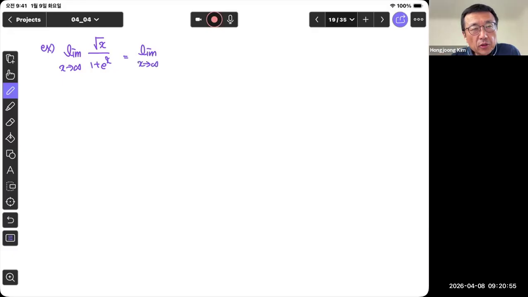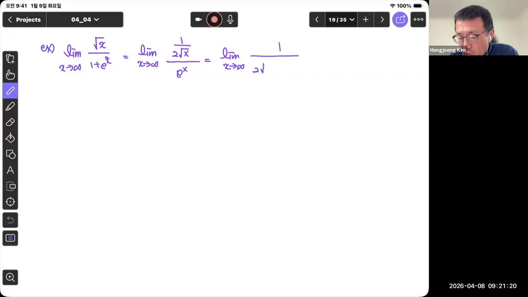If I differentiate the numerator, you get 1 over 2 square root of x. And if I differentiate the denominator, you get e to the x. So if I simplify this term, we have 1 over 2 square root of x times e to the x.